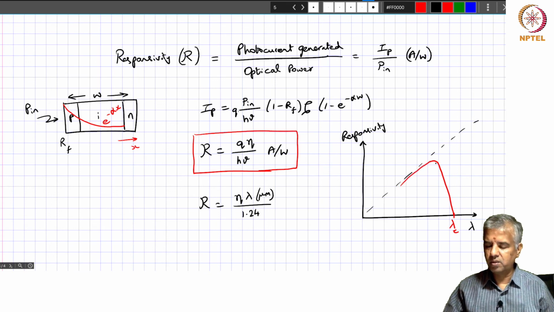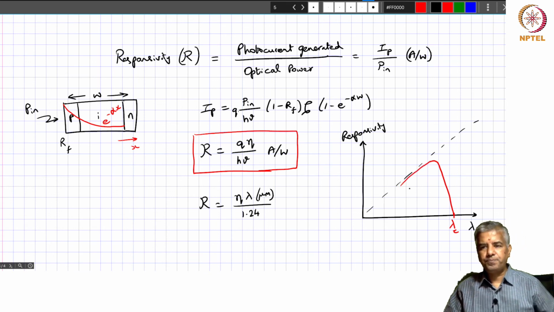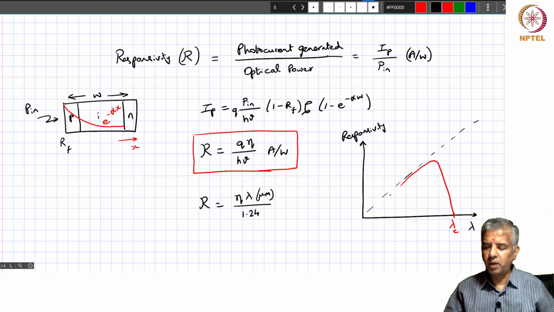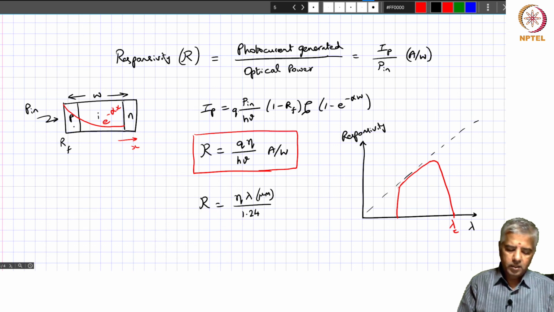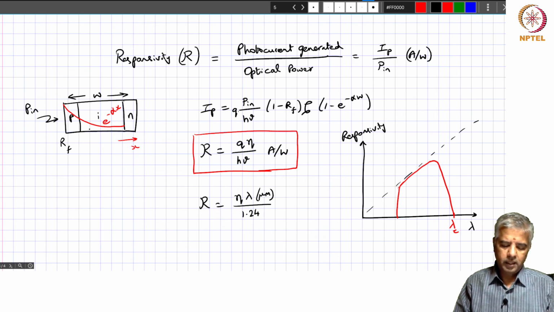So it goes like this, but it cannot go down arbitrarily. You cannot have a responsivity over very short wavelengths, because it tends to be limited like this. Why is it limited like this? Look at this picture: this is the kind of absorption you have in the material at one of the longer wavelengths.